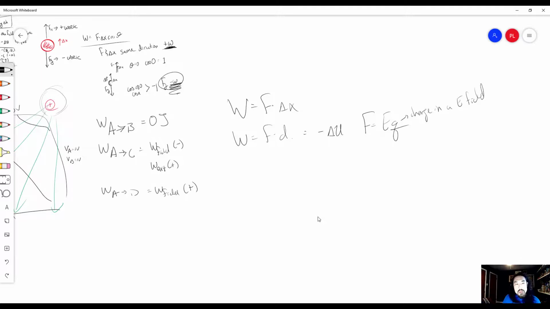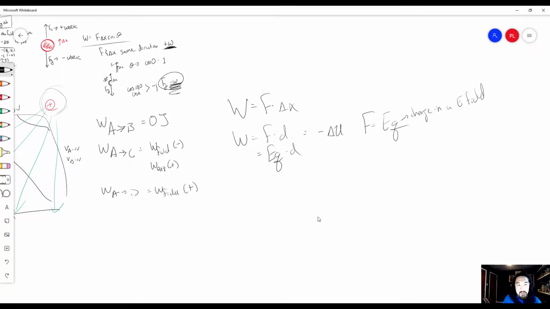So we can put that into our equation here. We can say EQ times the distance that the charge moves. If we have a charge in a field and that charge moves a certain distance, work is done. It might be the work done by the field, it might be work done by the external source. Only you can really tell based on the scenario.